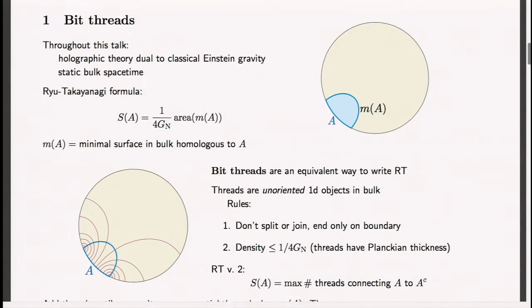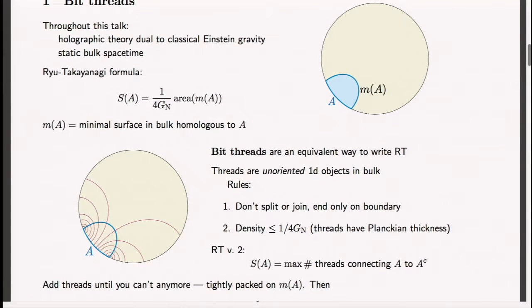And so then what do you do with these threads? It's very simple. Let's say you want to know the entropy of A. Every thread that connects A to its complement is basically going to contribute 1 or log 2 to the entropy, okay? And so if you want to know the total entropy, you just put as many as you can, subject to these two rules.